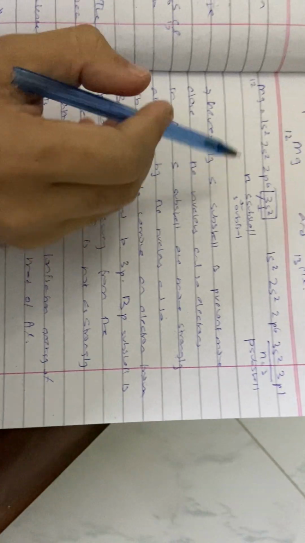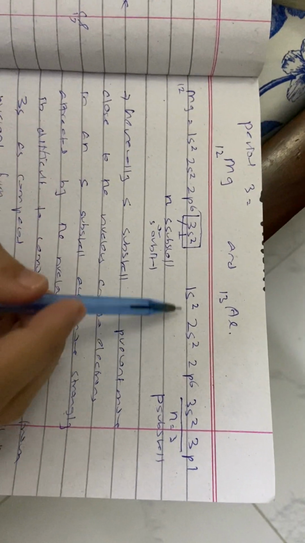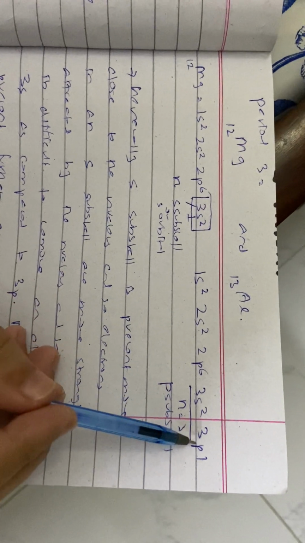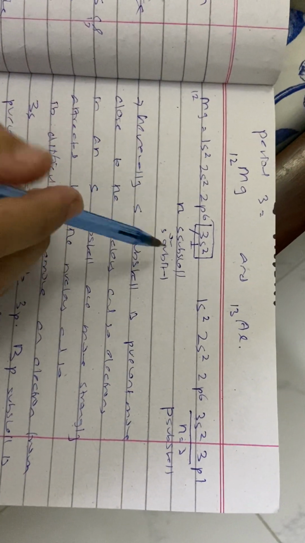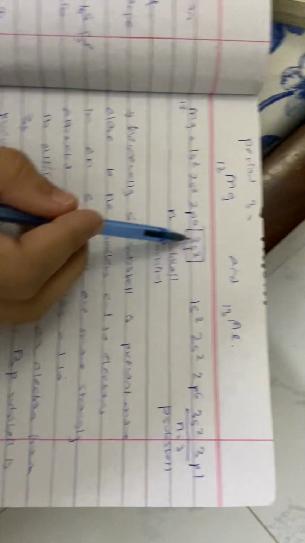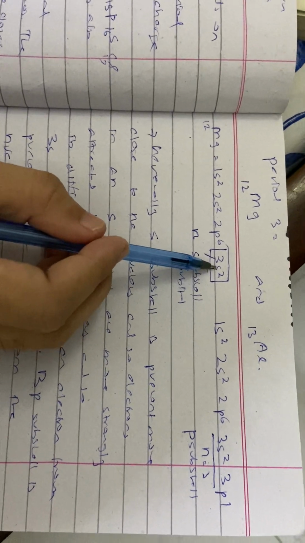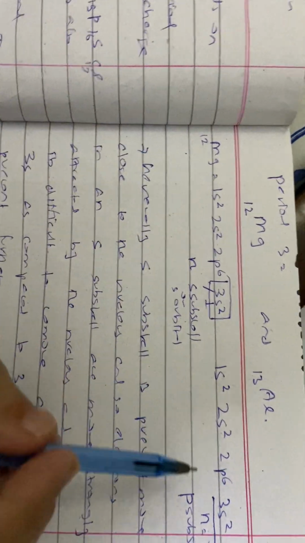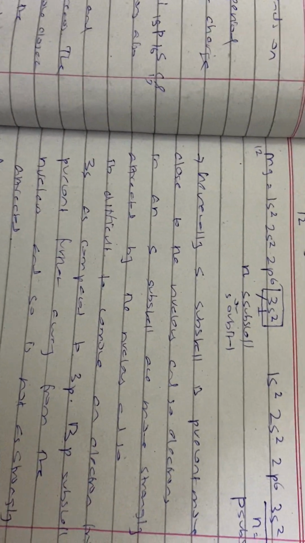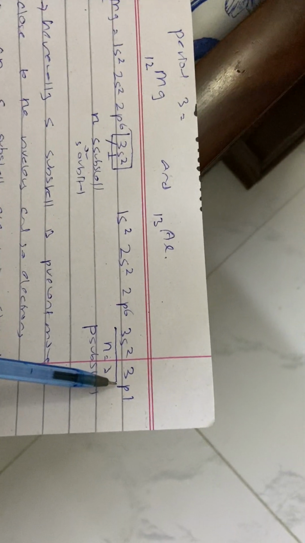aluminium. What is the reason? The reason is that in magnesium the electron is being removed from 3s, whereas in aluminium the electron is being removed from 3p. The 3s subshell is present closer to the nucleus, so the electron in 3s is more strongly attracted by the nucleus, whereas 3p is present further away and so it's not as strongly attracted.